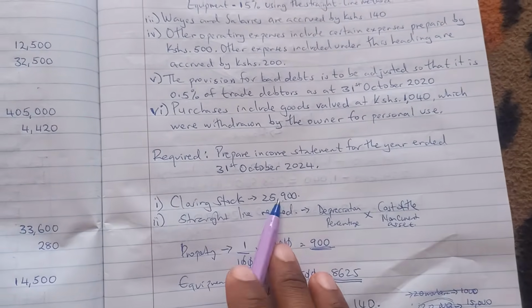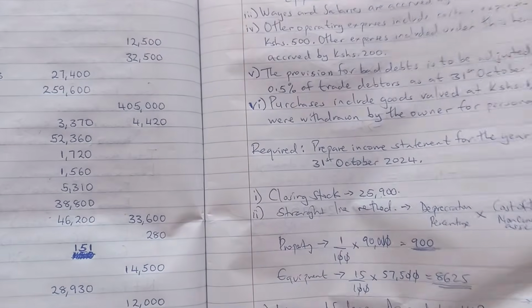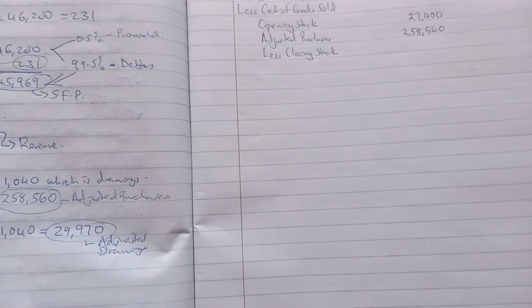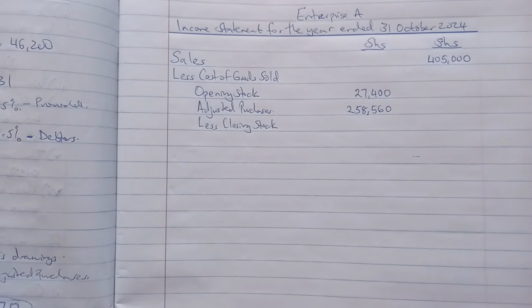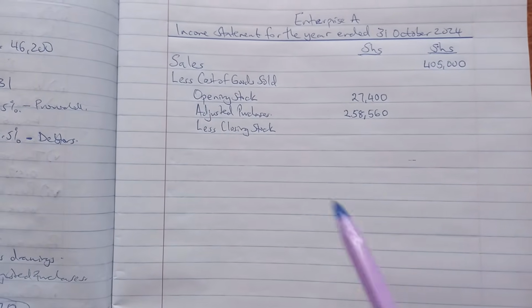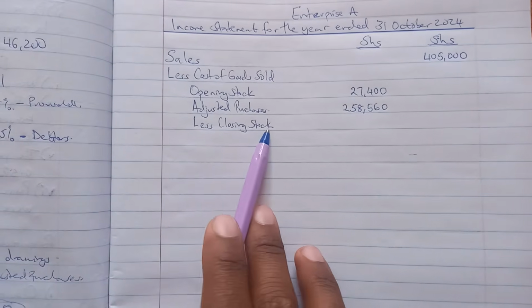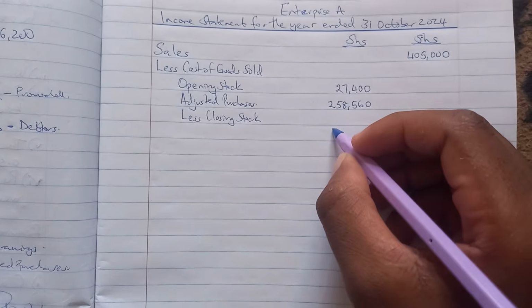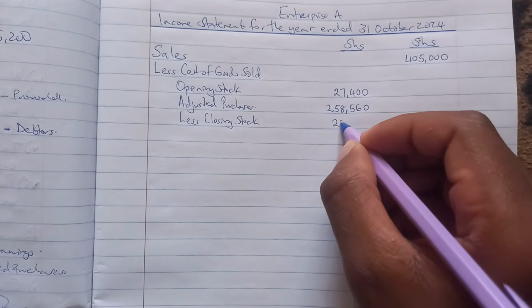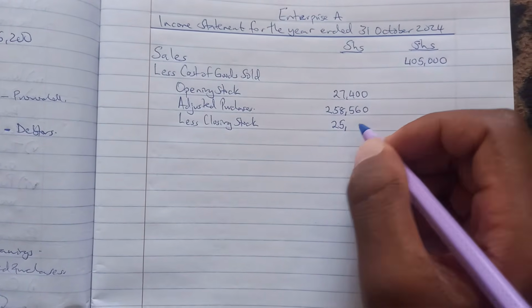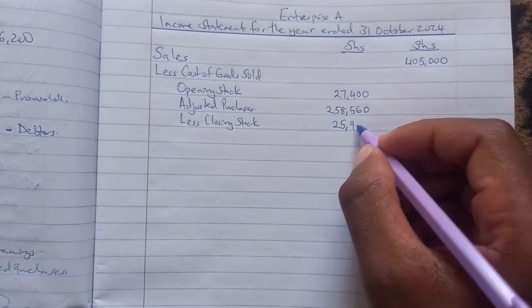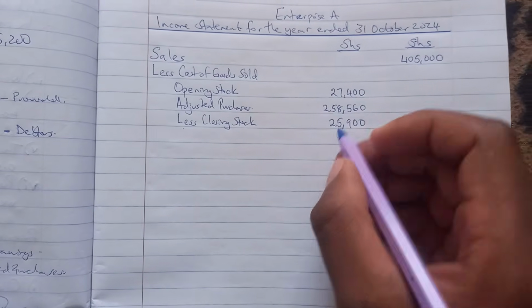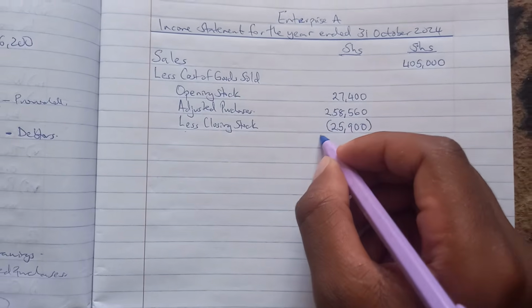We were given closing stock at the beginning, 25,900. As I was saying, the value of closing stock we were given is 25,900. And since we are lessing, it is in bracket.